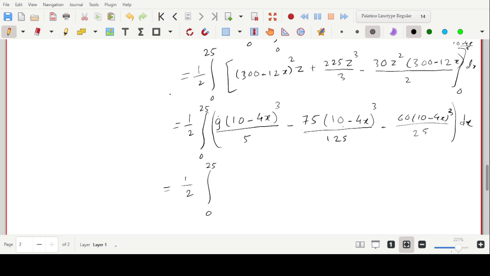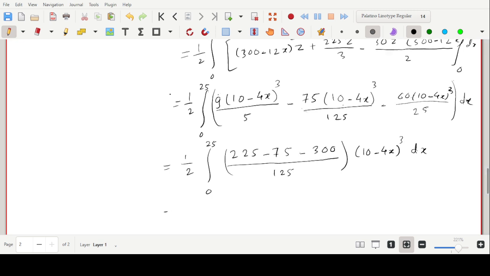If we equalize the denominator, here we might have to write this as 25 multiplied by 9, so 25 multiplied by 9 is 225 minus 75 minus maybe 300 divided by 125, 10 minus 4x the cube dx.